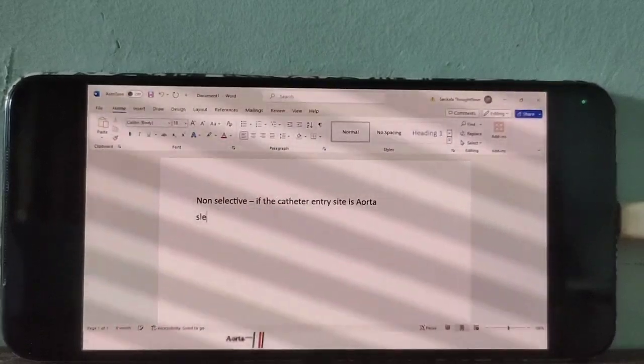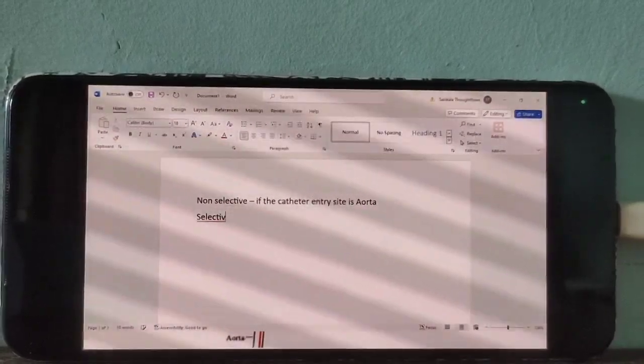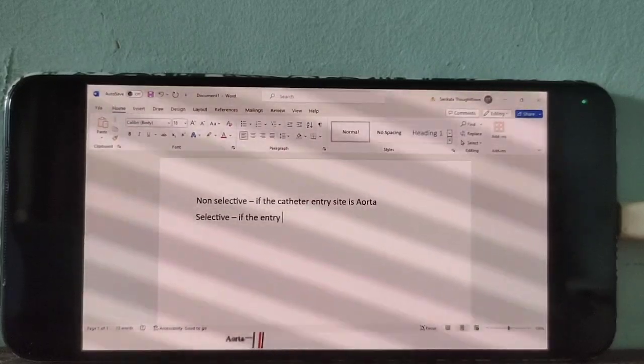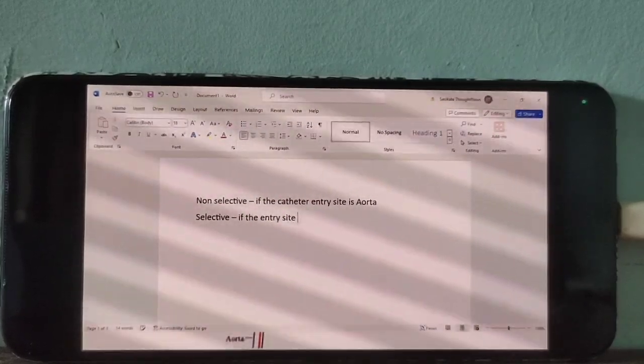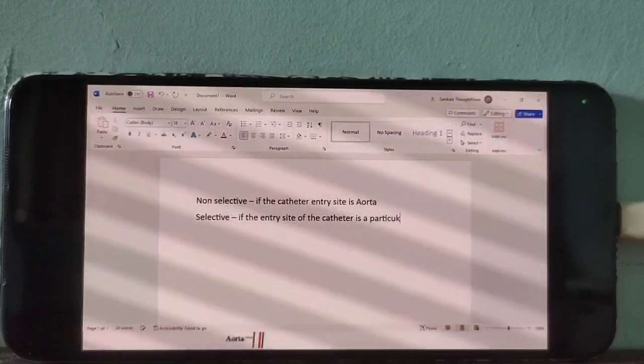Selective means if the entry site of the catheter is a particular artery or vein.